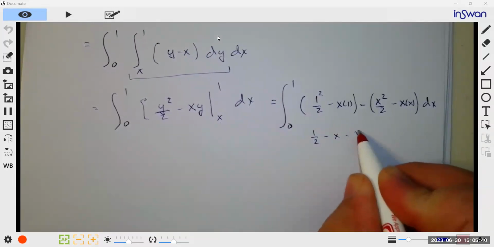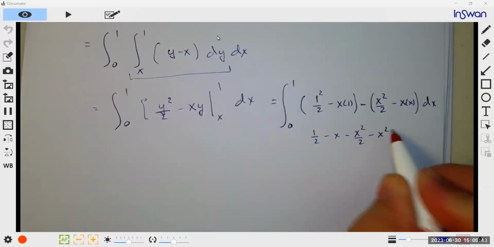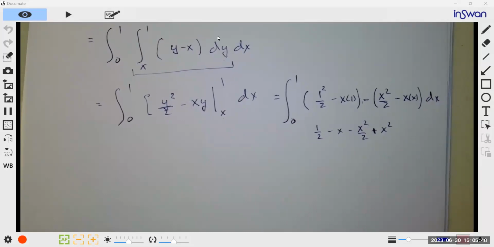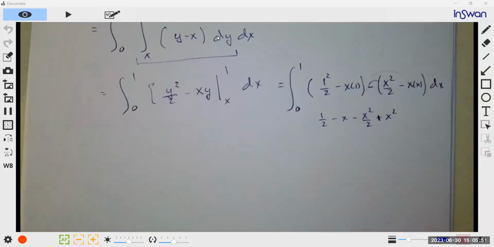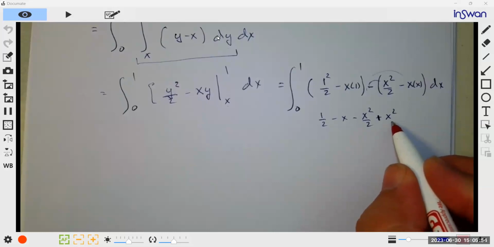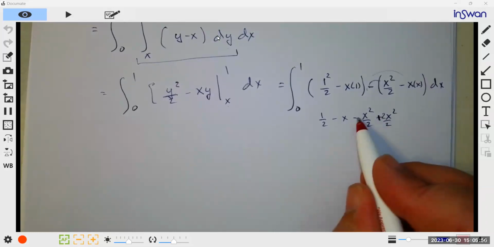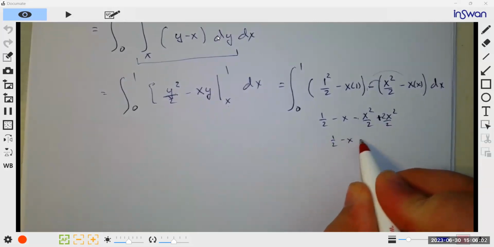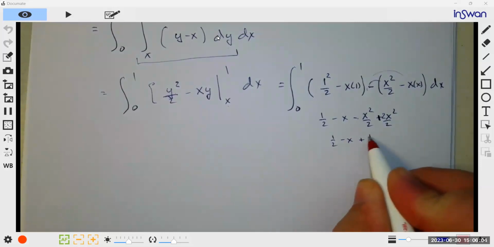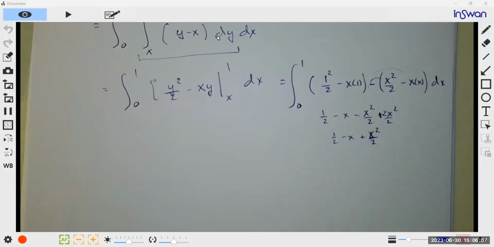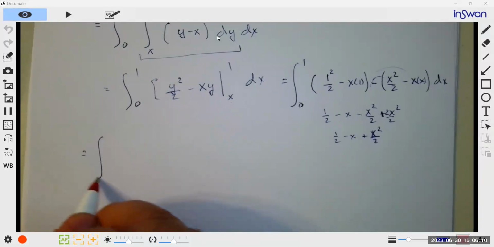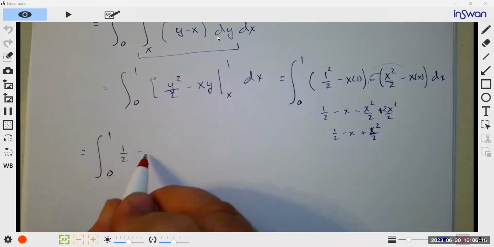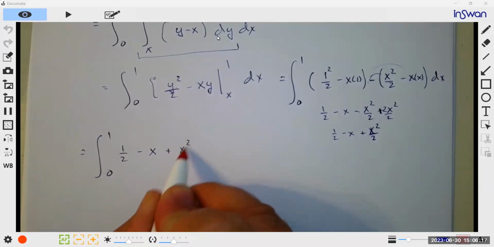Minus x squared over 2 minus x squared, the negative makes it a plus. Distribute that negative. So 1/2, minus x, plus x squared over 2. So our last integral will be with respect to x of 1/2 minus x plus x squared over 2.